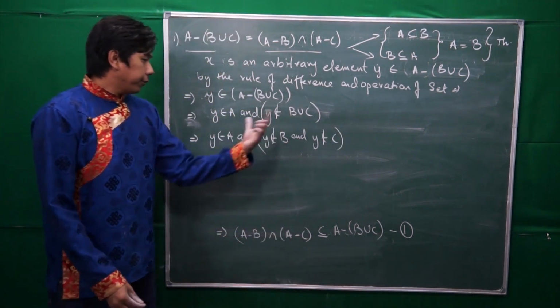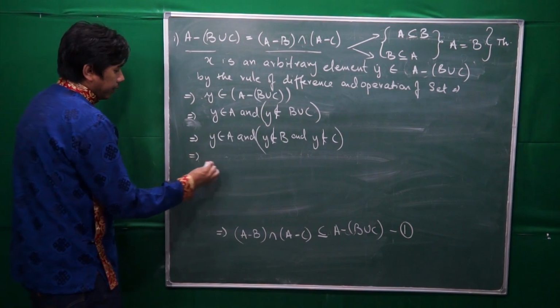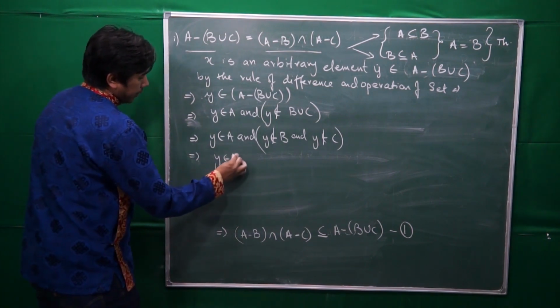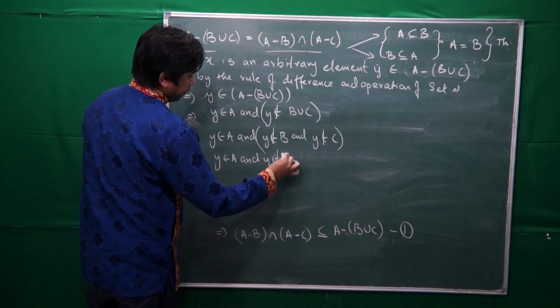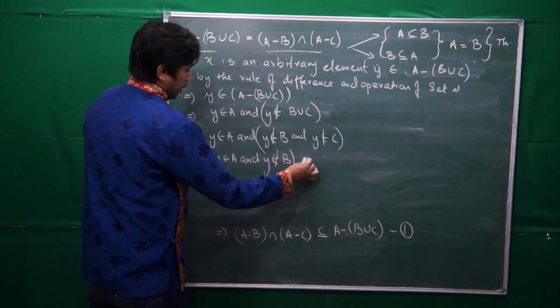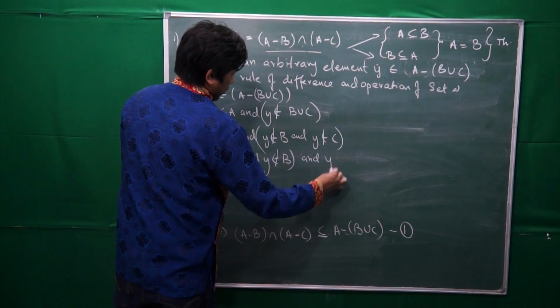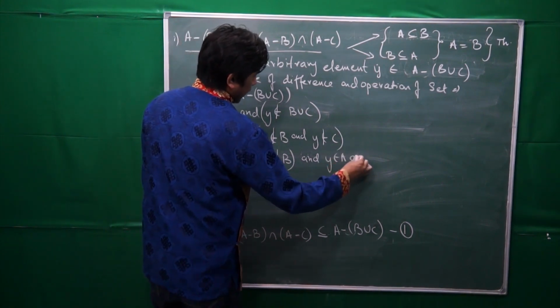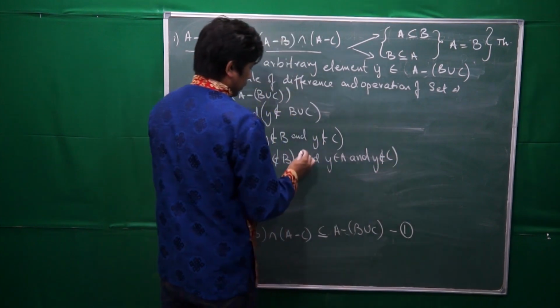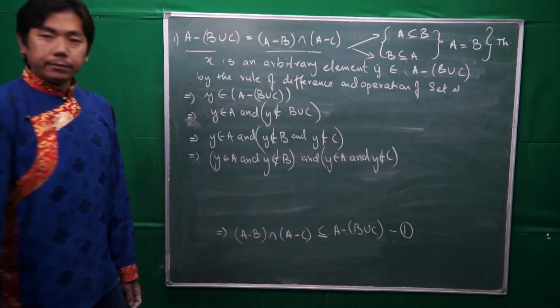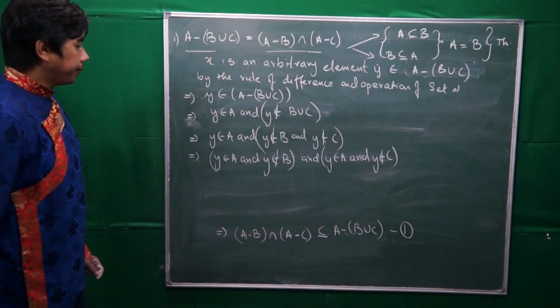Okay. Now if you open the brackets, what will we get? Y belongs to A and Y does not belong to B, and Y belongs to A and Y does not belong to C. Okay, simple.